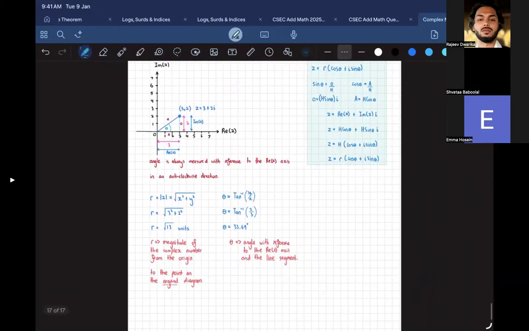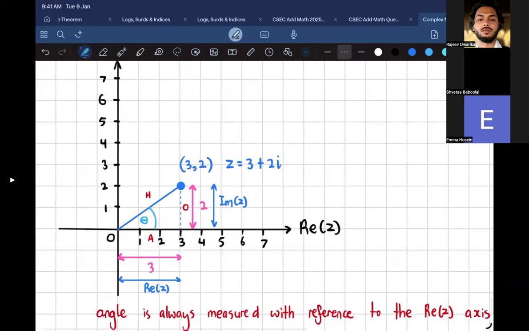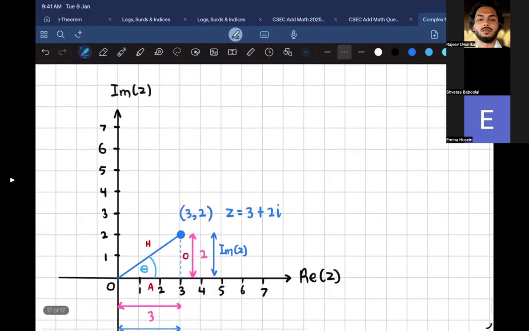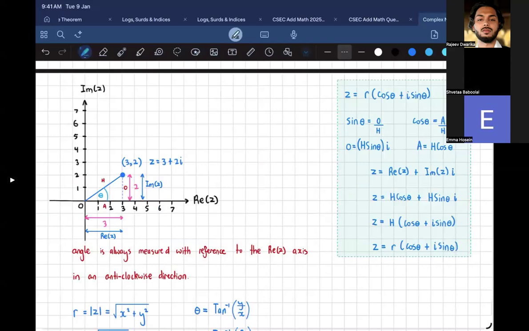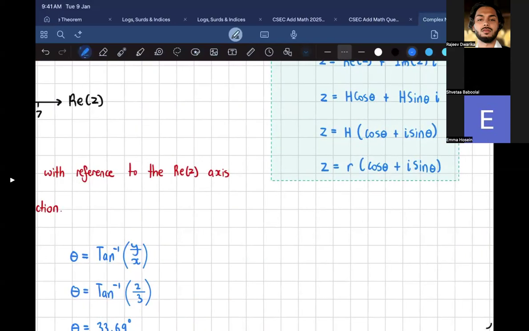Cool. So let me show you something. Eman, Shweta, check this out. The original complex number was z is equal to 3 plus 2i. I just showed you all how they came up with the trigonometric form. Let's see if it works.